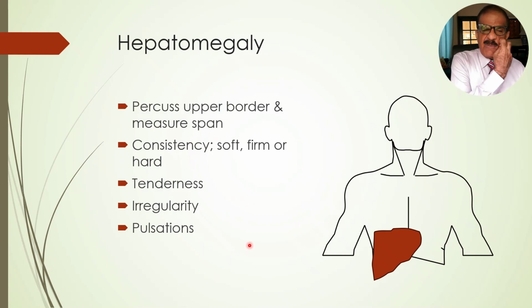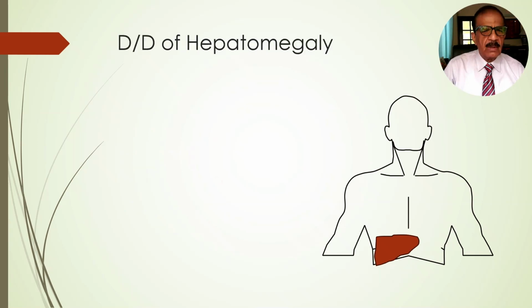A normal liver may exhibit slight pulsations because the venous pulse can be transmitted back to the liver, but it is not, I think, appreciable on normal palpation. But if the liver becomes pulsatile, particularly if the liver pulsates with every systole, this might indicate tricuspid regurgitation.